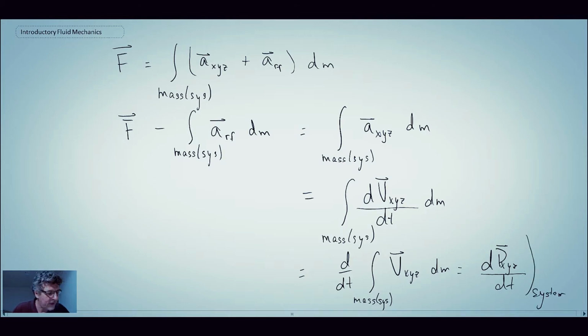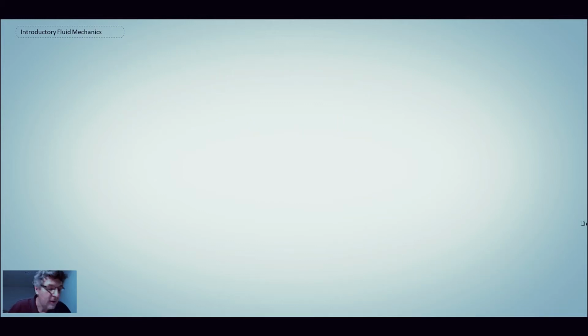Okay, so we have that expression there. When we put this all together, what we end up with is something that looks like this. And this is all expressed in terms of a system, a fixed mass system. We have done nothing in terms of a control volume.